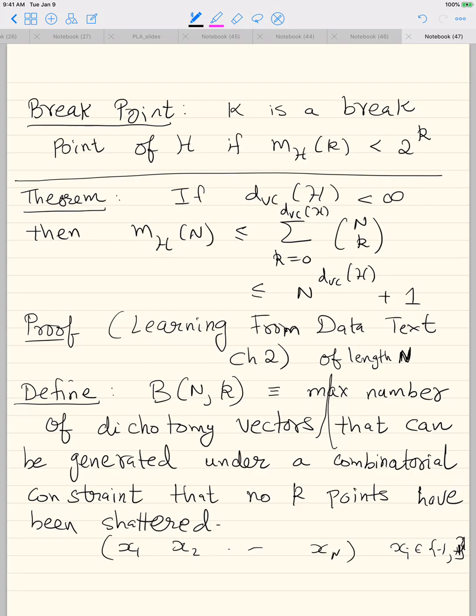So let's do a small example to clarify this. Say n is 3 and k is 2. So I have to consider dichotomy vectors of length 3 where no 2 coordinates are shattered. And let's just pretend that these are generated by a hypothesis class evaluated at points x1, x2, x3.